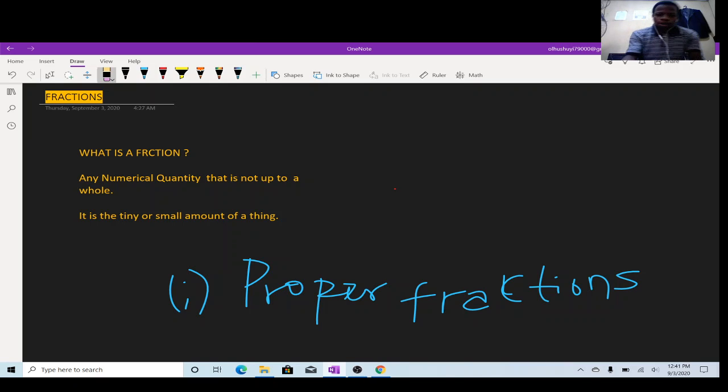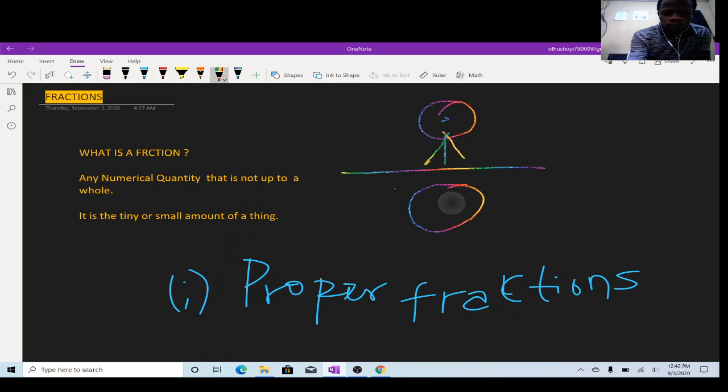Look at this small boy. This boy is standing on a bigger boy. This is Bolu.